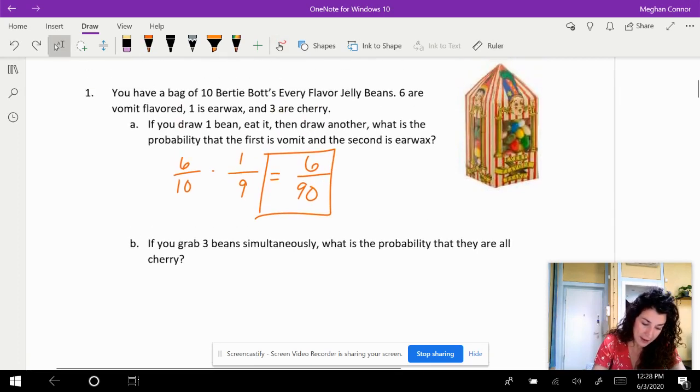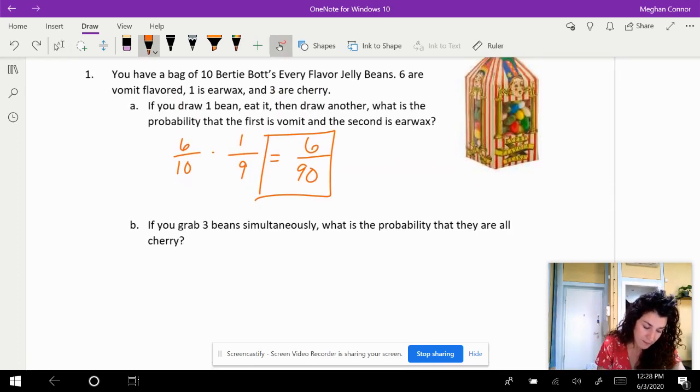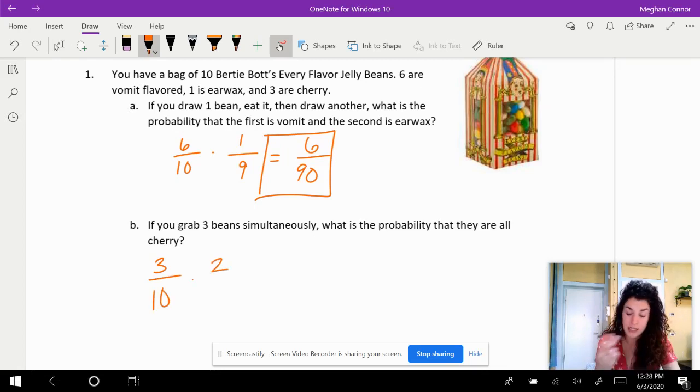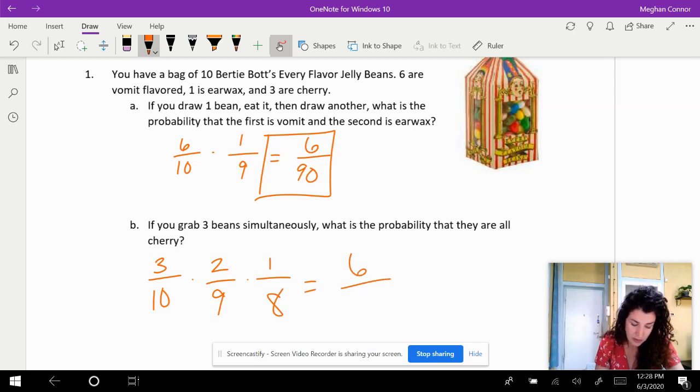We have 3 that are cherry. The probability that the first one is cherry is 3 out of 10. The second one is cherry is 2 out of the 9 that are now left in the bag, and then 1 over 8. So 6 over 720.